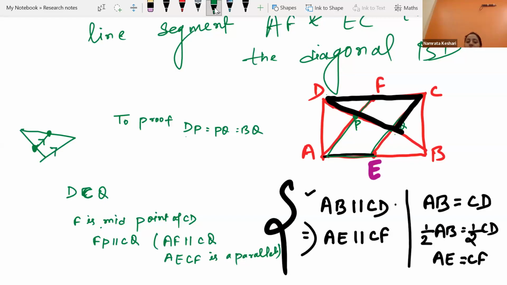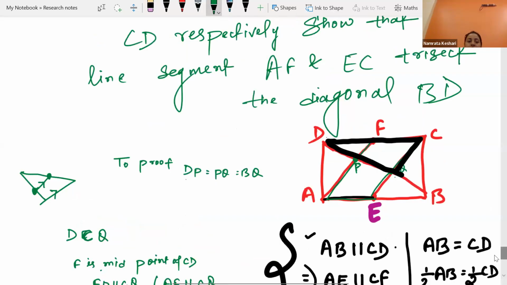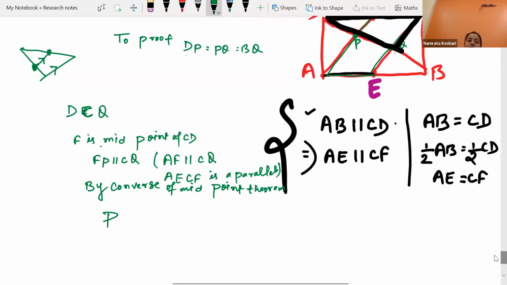Yes or no? By the converse of the midpoint theorem, can we say that? Yes, ma'am. By the converse of the midpoint theorem, we can say that P is the midpoint of DQ.